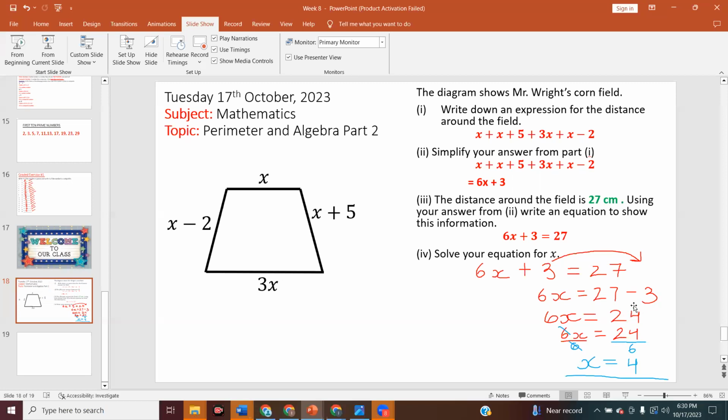What is 27 minus 3? 24. Very good. So we have 6x equals 24. And what do we do at this point? Because we want to get rid of the 6, right? So we divide both sides by 6. And so that means that x is equal to 4. Very good. All right.